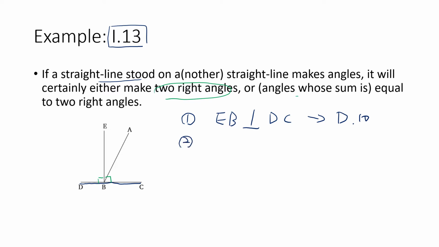And second, if it's not perpendicular like AB, then we will have angle EBA plus angle ABC plus angle EBD equals 180 degrees, or two right angles.